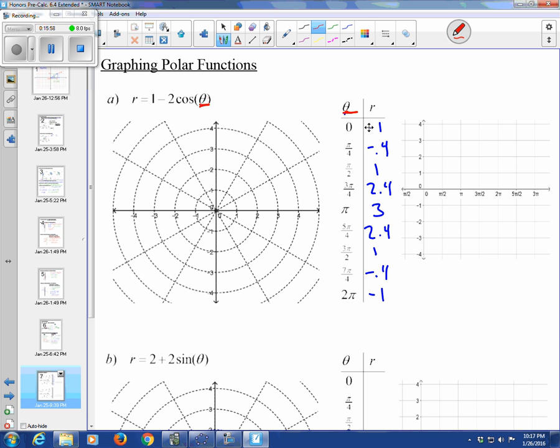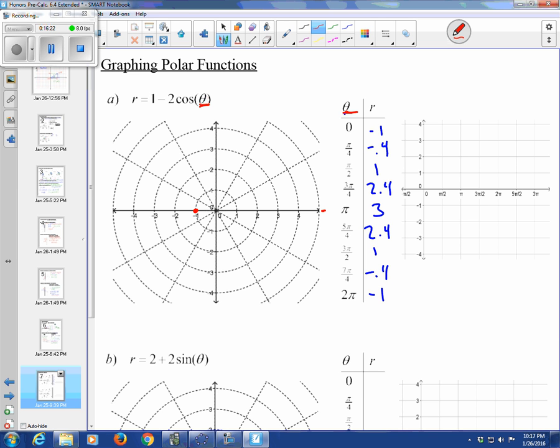But let's go ahead and plot these ordered pairs. So right here, we've got the ordered pair 0, -1. So for a rotation of 0, we have an R value of -1, which means we're going -1, right? We're going in the opposite direction.